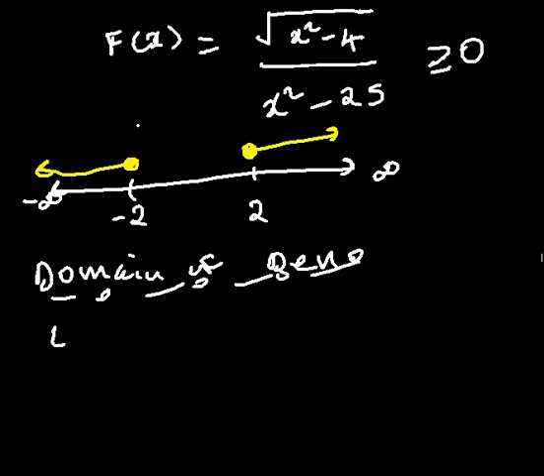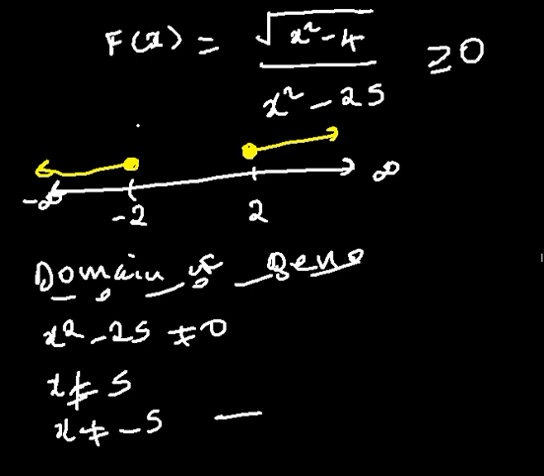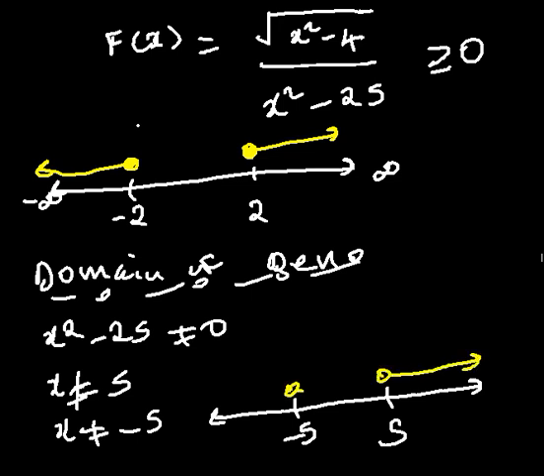In all cases, the denominator should not be equal to 0, so x should not be 5, and x should not be negative 5. So we should have the number line for that, negative 5 and positive 5, with the intervals given as that.